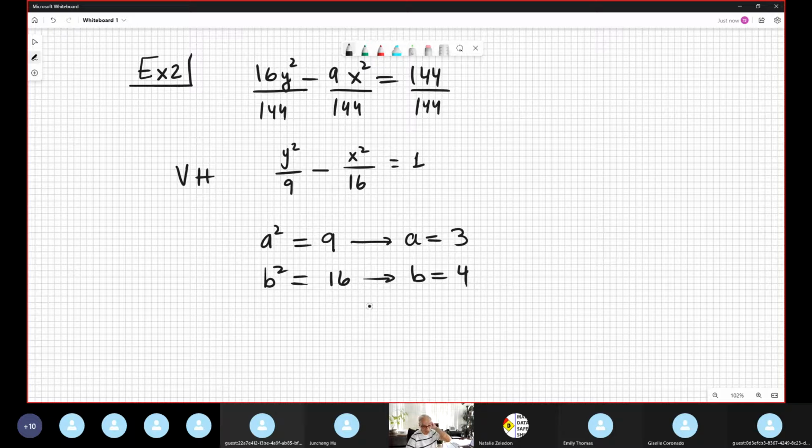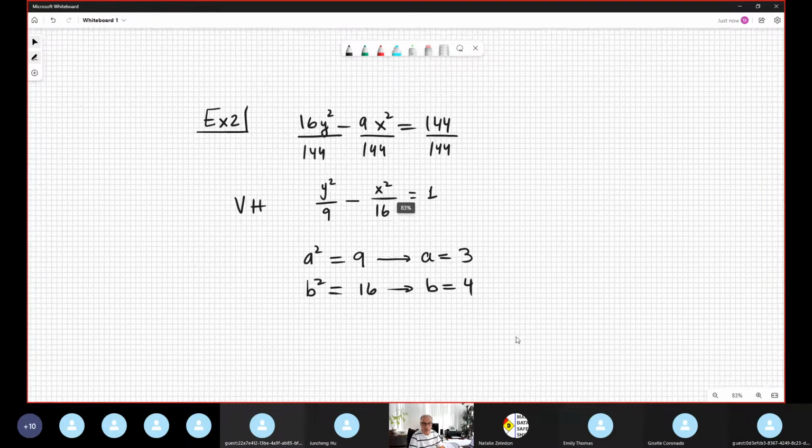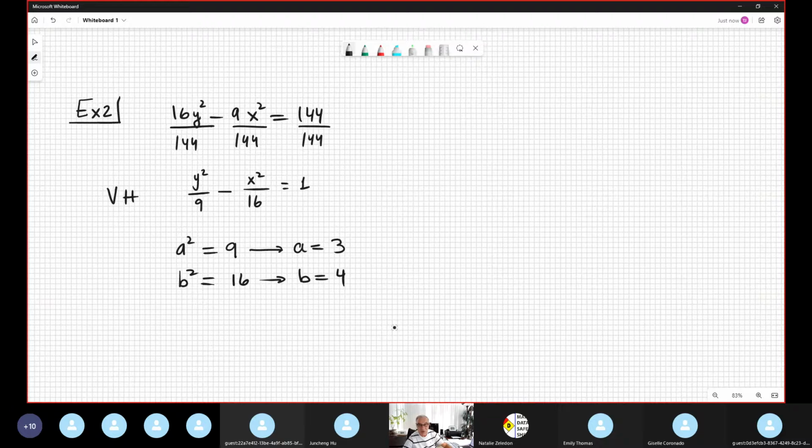Okay, so let me try to do at least a rough sketch of how our hyperbola can look. x and y. For sure, I know this is vertical, therefore the transverse axis is here, or at least parallel. Therefore my hyperbola opens in that direction.